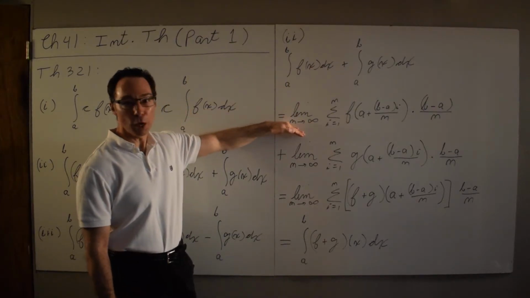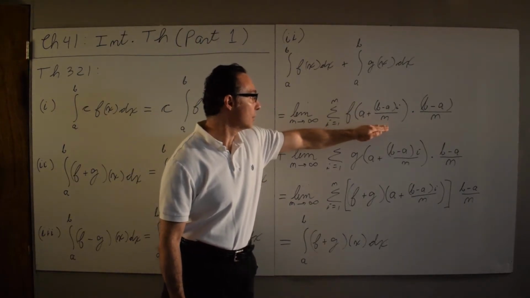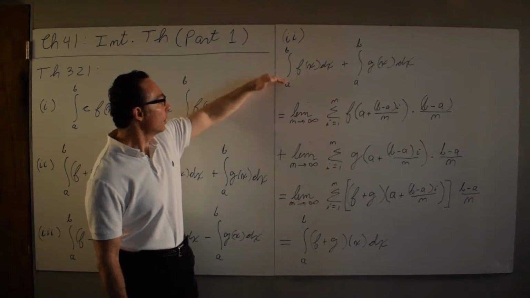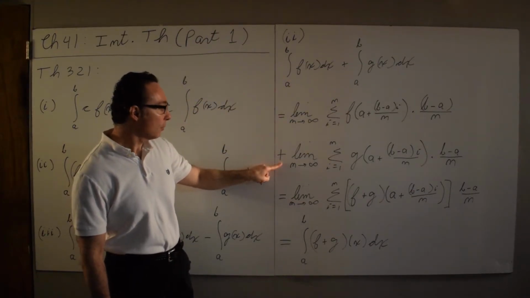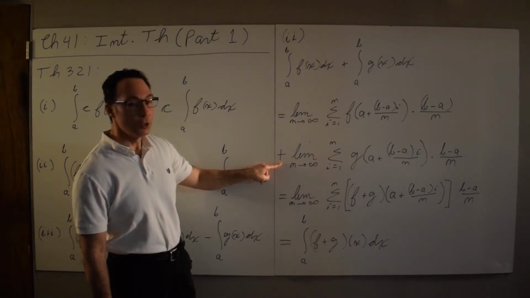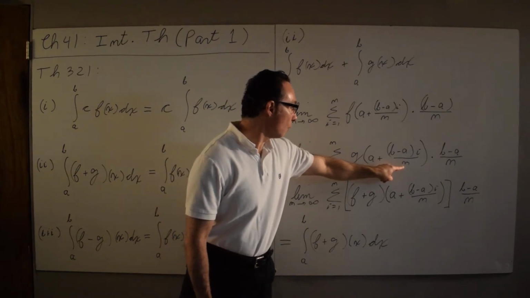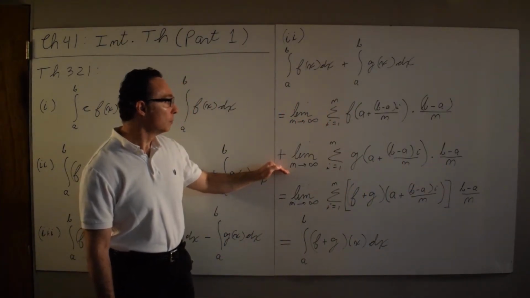We just use the definition where we're chopping the interval up into n congruent pieces and using the right endpoint. So this is what we do for the integral from a to b of f of x dx. Plus the integral from a to b of g of x dx. Same definition. We chop the interval up into n equal pieces and use the right endpoint.